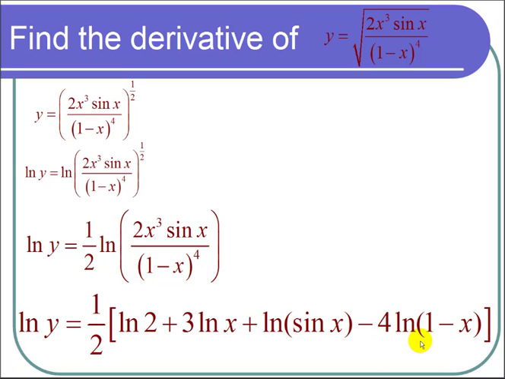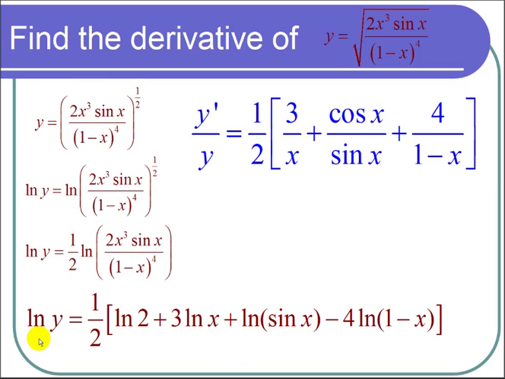So now that I have converted all of this to logarithms and simplified, I can take a derivative of both sides. So we start with the natural log of y. The derivative of that, we use the chain rule. The derivative of y is y prime, and the derivative of natural log of y is 1 over y. For the second part, the derivative of the natural log of 2 is 0.